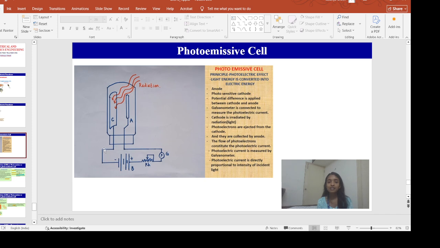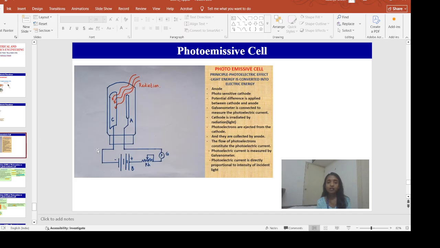This cathode is connected to the negative terminal of the battery, anode is connected to the positive terminal of the battery. So when the light falls on this cathode, which is called as photocathode, this cathode will emit electrons, and these electrons coming out from this cathode will be collected by this anode. So as a result, the electrons will be flowing this way.